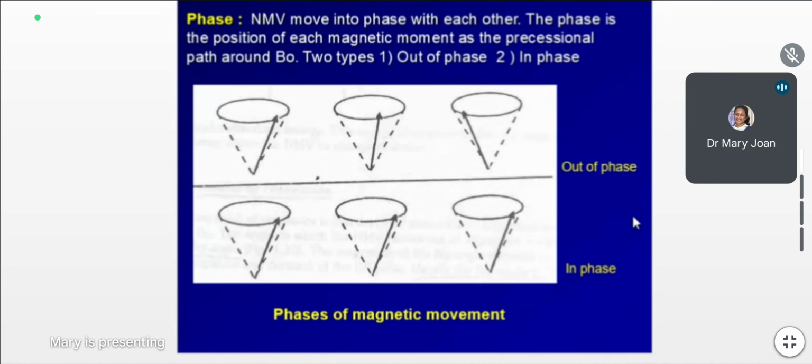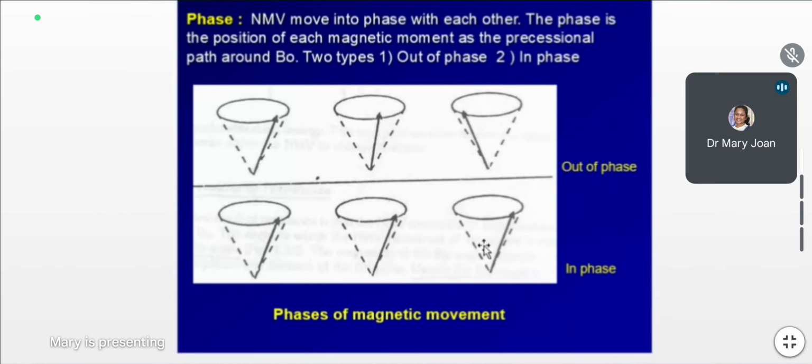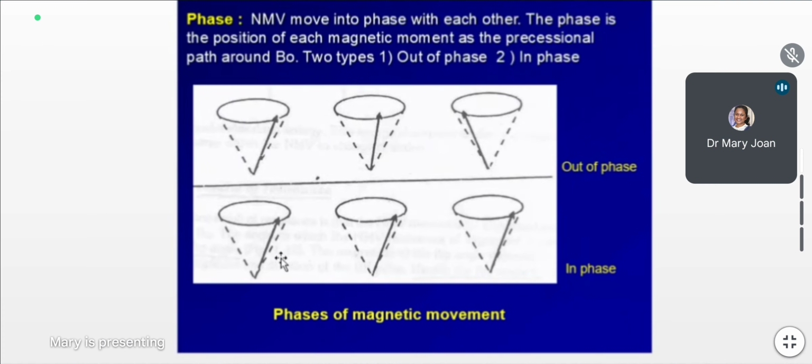These are called the phases of magnetic moments. You can see the in-phase movement, and here the out-of-phase movement, where each one is at a different position in the first row. The net magnetization is at different phases, and here you can see that all are in the same phase.